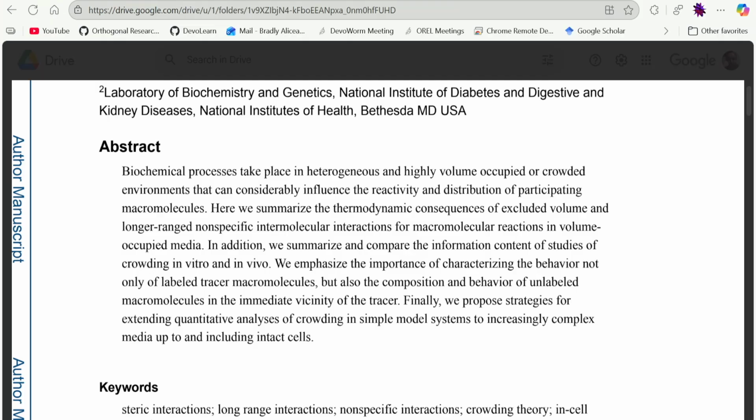In addition, we summarize and compare the information content of studies of crowding in vitro and in vivo. We emphasize the importance of characterizing behavior not only of labeled tracer macromolecules, but also the composition and behavior of unlabeled macromolecules in the immediate vicinity of the tracer.